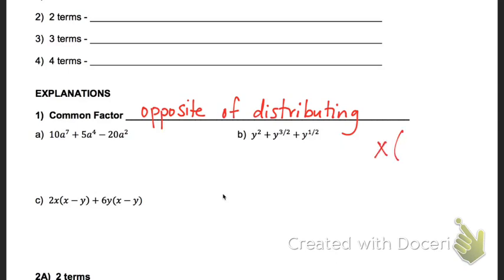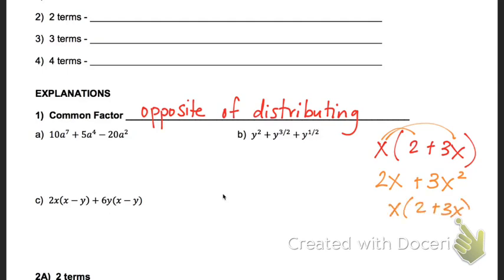If I had x, like the example I just had, what do I do when I distribute? Multiply. I multiply it out. So the opposite of that is pulling out the common factor, which is x. And back to where I started. So think about common factor as the opposite of distributing. I'm pulling out what they have in common.